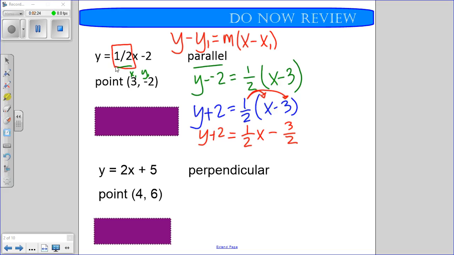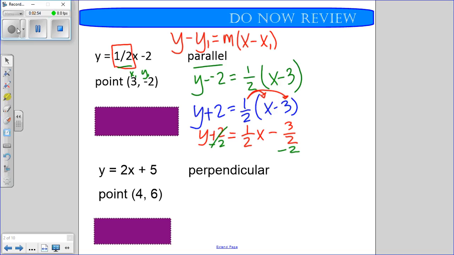Next, I need to continue trying to get y by itself. So I'm going to subtract 2 from both sides. So if I subtract 2 here, subtract 2 here. Remember, when you are moving that number from the left side to the right side, you do not touch your x or anything in front of the x. You're just taking the number minus the number.